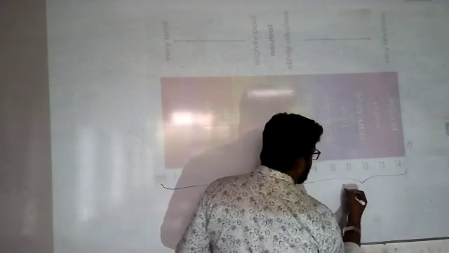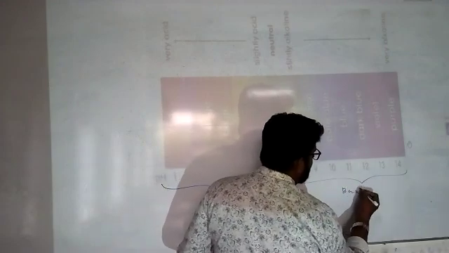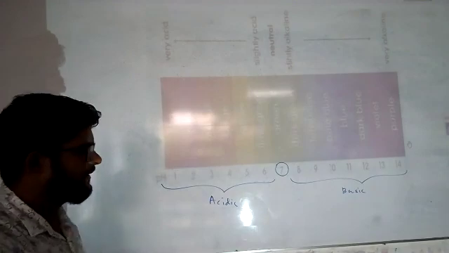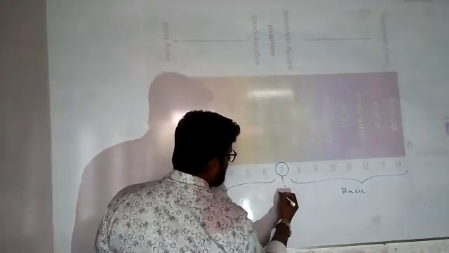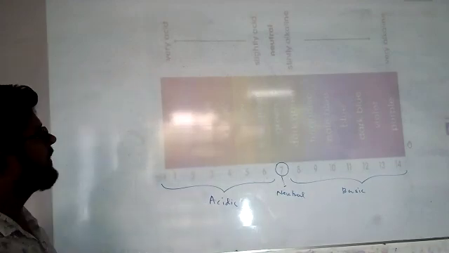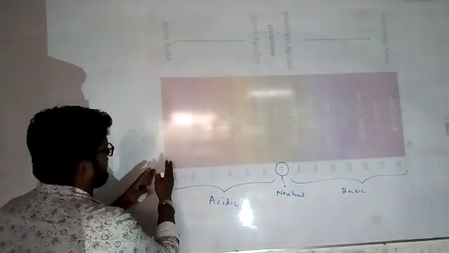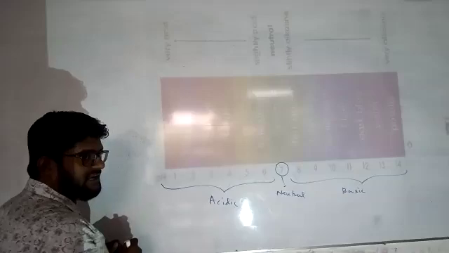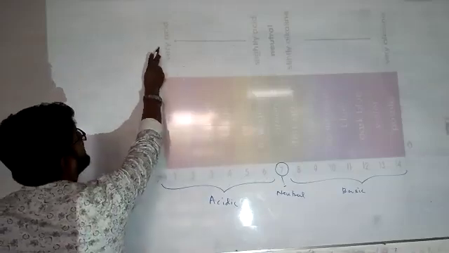8 to 14 you take basic. 7 is neutral. When we see red color, pink color, it is a strong acid, very acid.